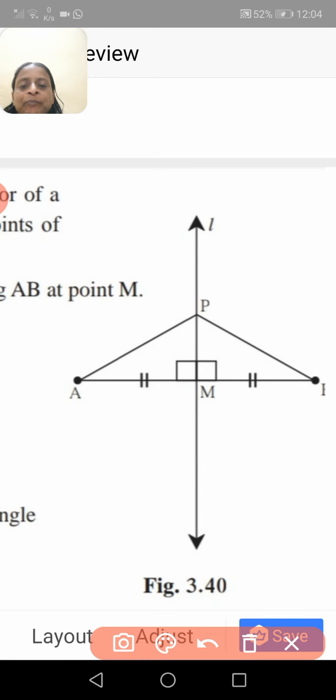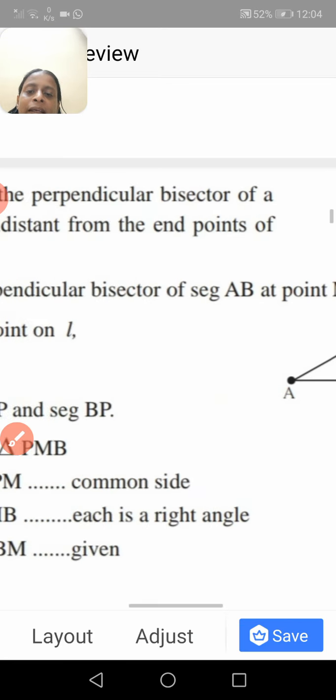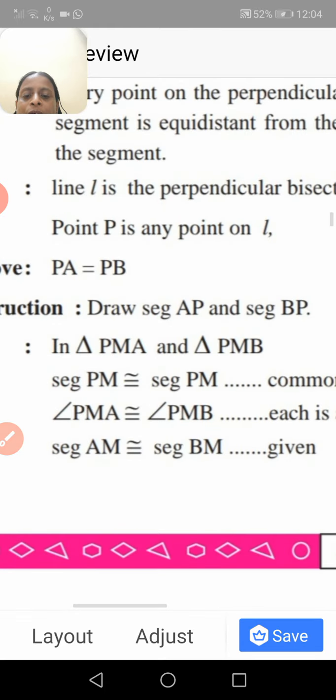So here line segment AB is given, and let this line L be taken as the perpendicular bisector. We have to prove that AP is equal to PB.